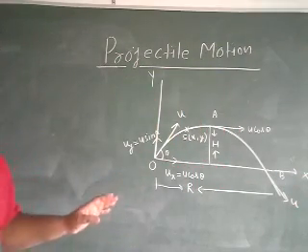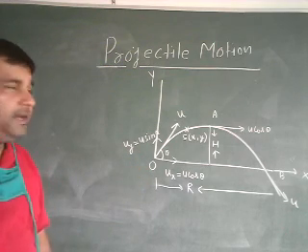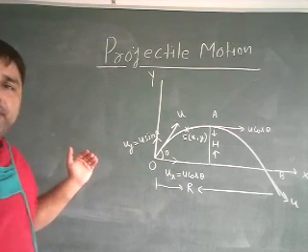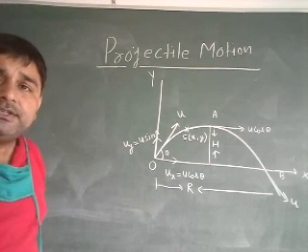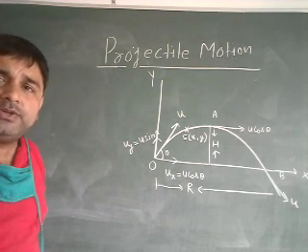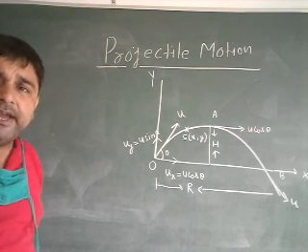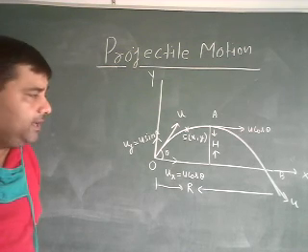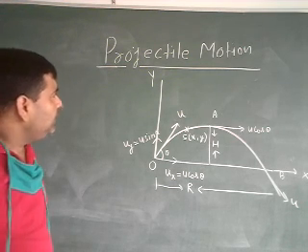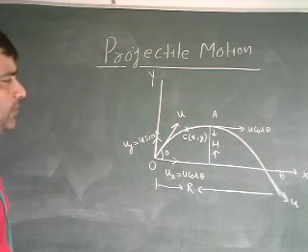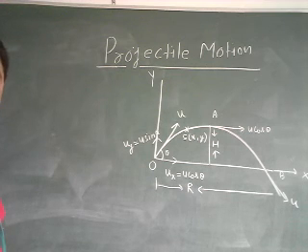OX direction is also known as horizontal direction and OY is vertical direction. So the body covers x and y coordinates in the OX and OY directions simultaneously at the same time t. Right?